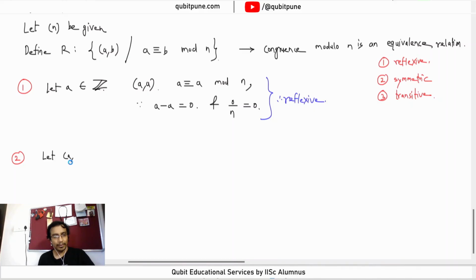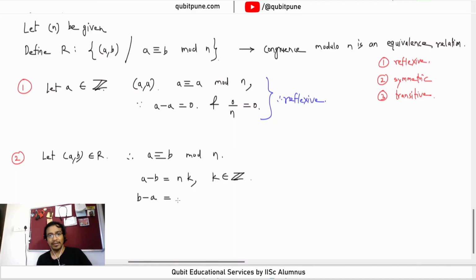Okay. Number 2. How do we prove that it is symmetric? Let A comma B belong to R, which means A is congruent to B mod n, which means A minus B must be a multiple of n, that is n times k, where k is another integer. Now what about B minus A? Multiply by minus 1. So B minus A will be n into negative k.